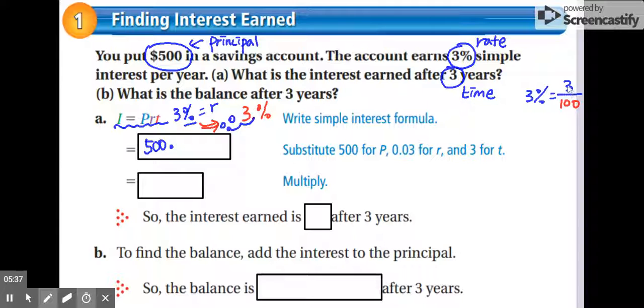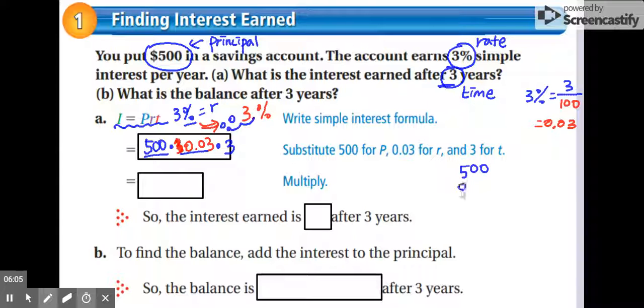And then we read this 3 hundredths, which is 0.03. So choose the easier way. So now the interest is going to be 500 times 0.03 times by how many years? 3 years. So you're going to multiply 3. So let's multiply 500 and 0.03 first.